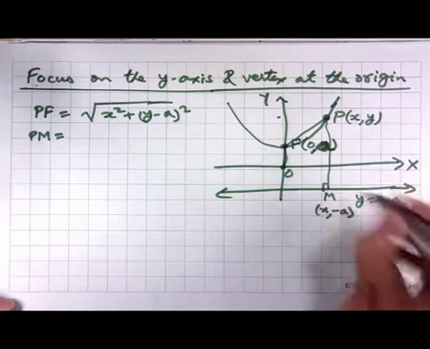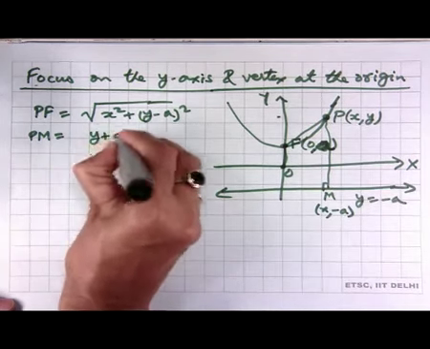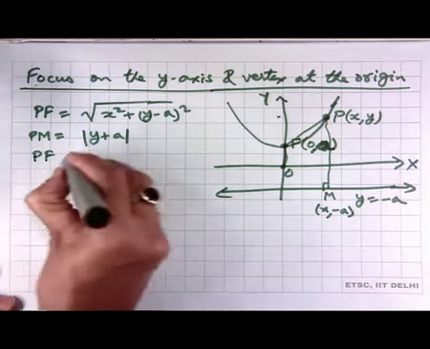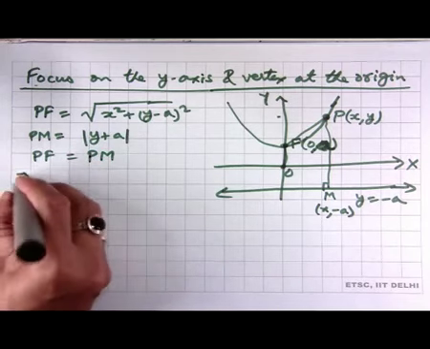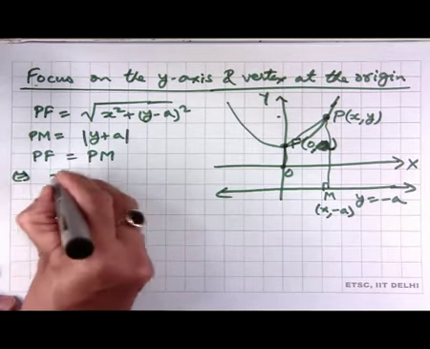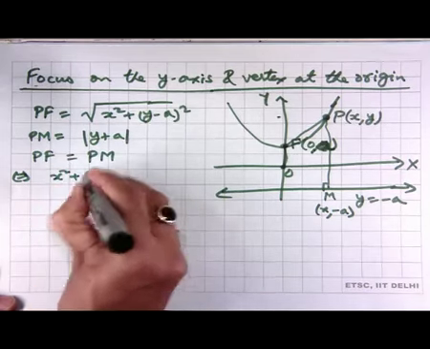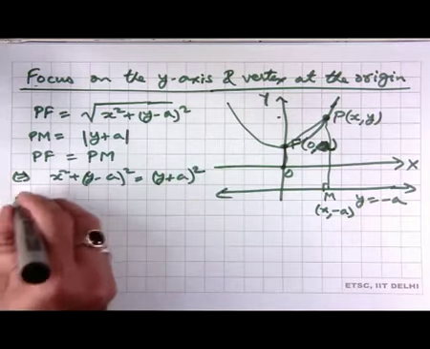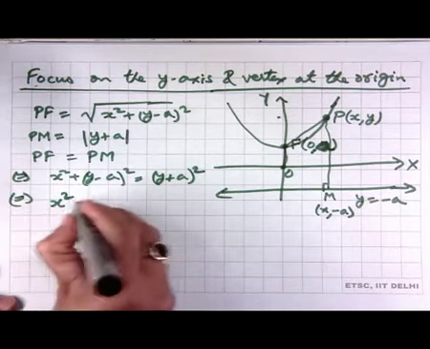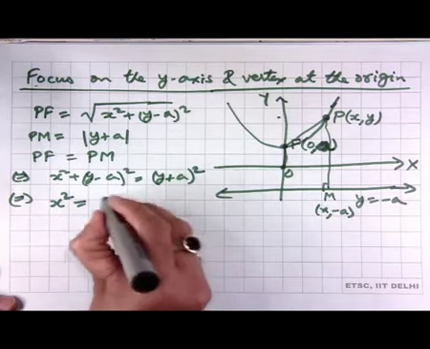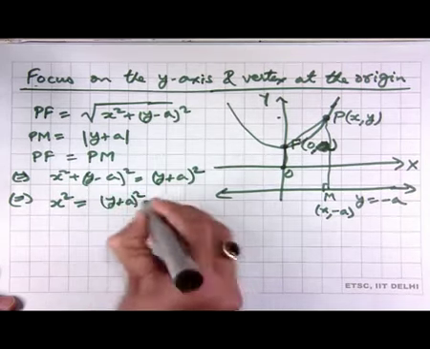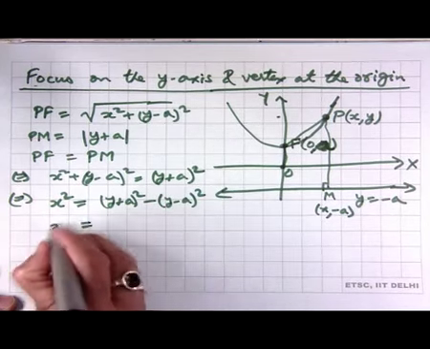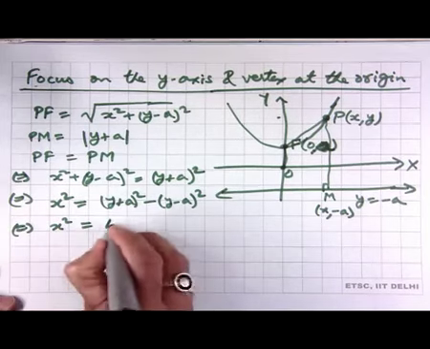So, the distance is mod y plus a. So, p f equal to p m is equivalent to writing x square plus y minus a whole square equal to y plus a square, which gives x square equal to y plus a square minus y minus a square, that is x square is 4 a y.